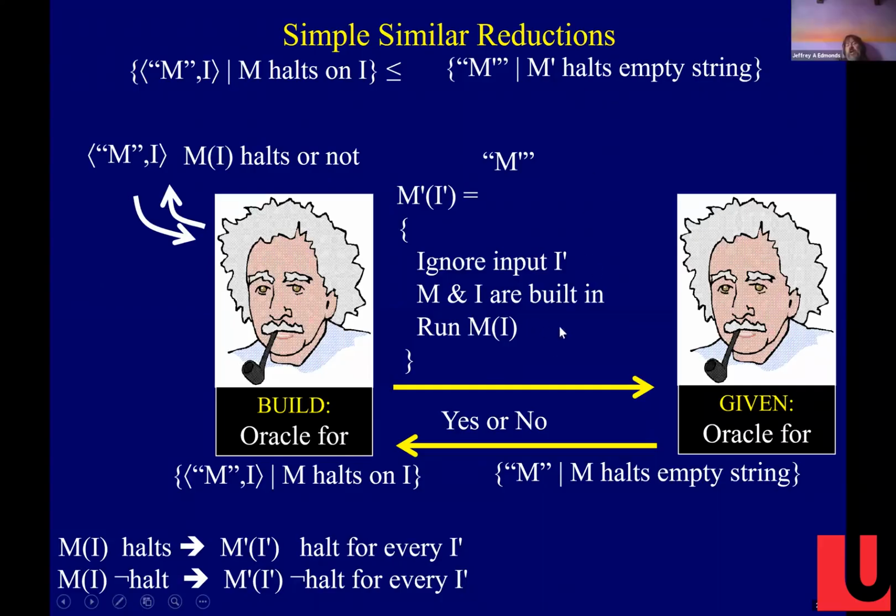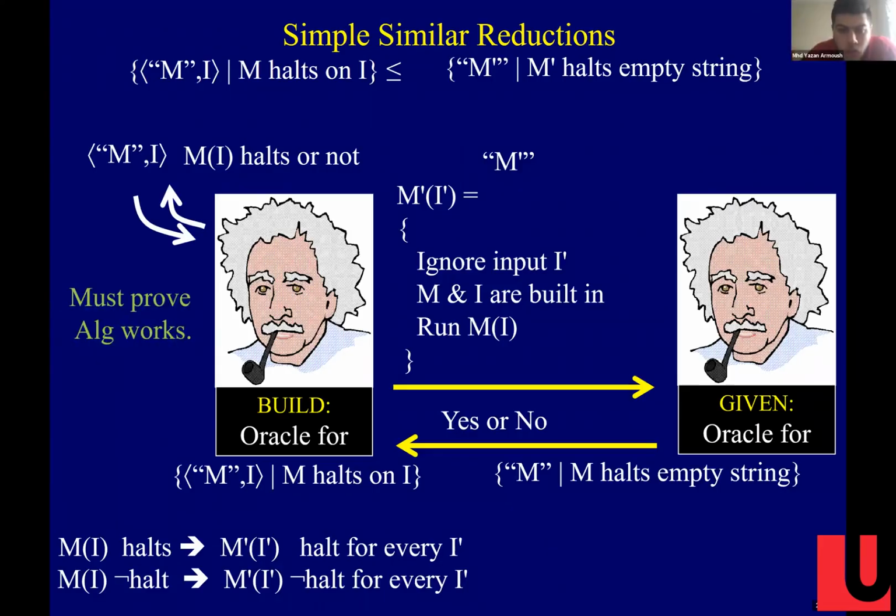So this is the same code we had before, except I deleted printing hi. So M prime will halt if M halts on I, and M prime will not halt if M doesn't halt on I. But M prime does it for every input. Why? Because we're ignoring the input. Everybody get that?